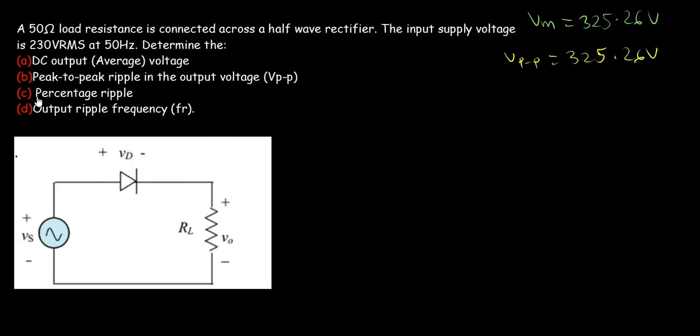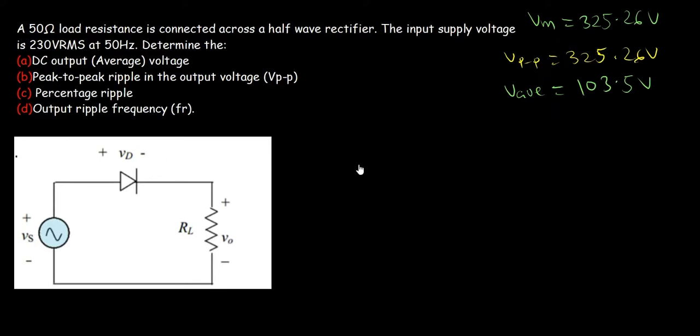So the next one you are going to find is the percentage ripple. Okay, before I continue, let me write down the value we got for the average. So the average was 103.5 volts.